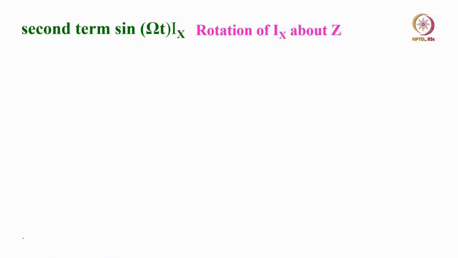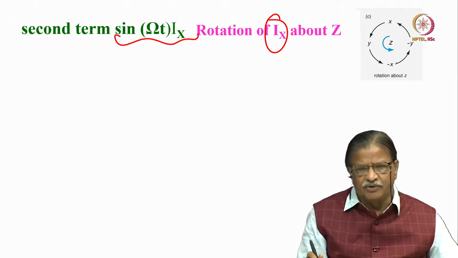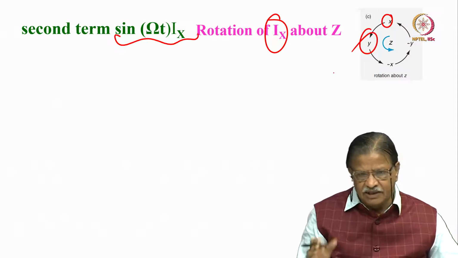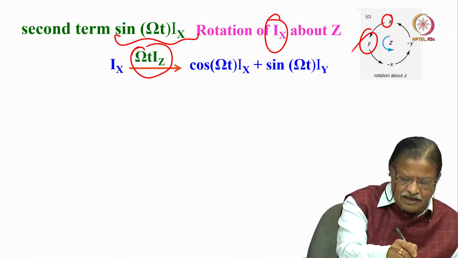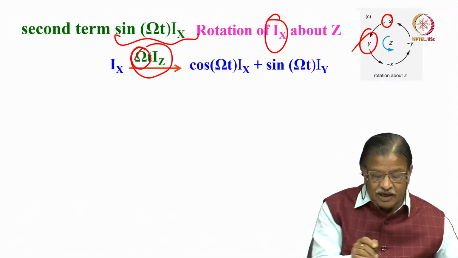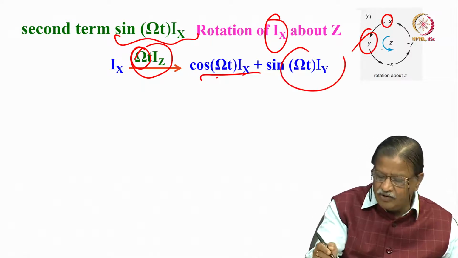Now let us see the second term. Second term is sin omega t into Ix. What is happening here? You are rotating Ix about z axis during free precession. This is the figure you have to use. Now you are rotating Ix about z, it will go to Iy. So Ix when rotated about Iz with omega t, omega being the offset, gives cosine omega t into the old operator plus sin omega t into the new operator Iy.